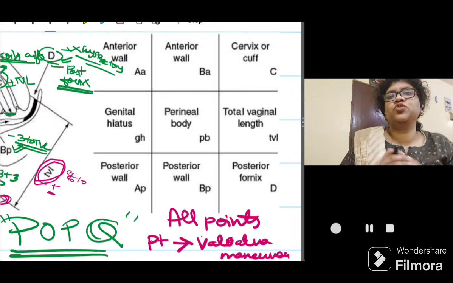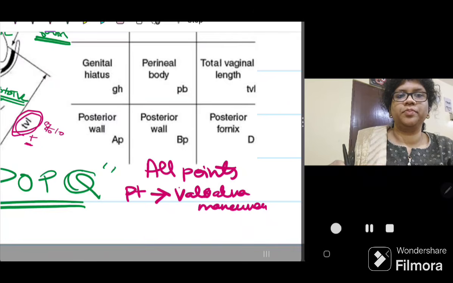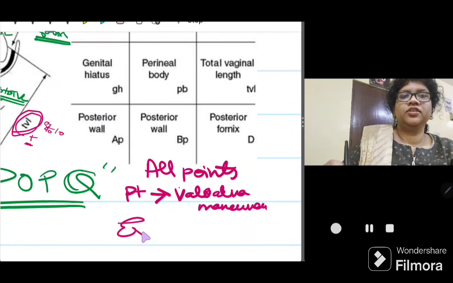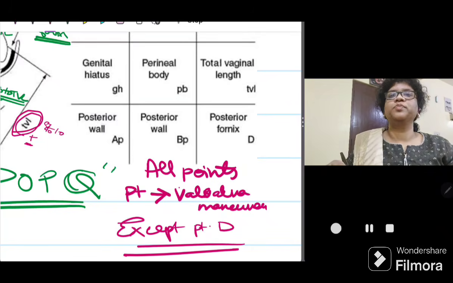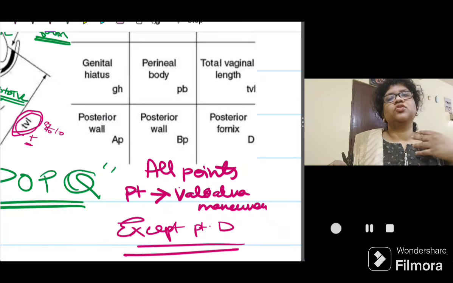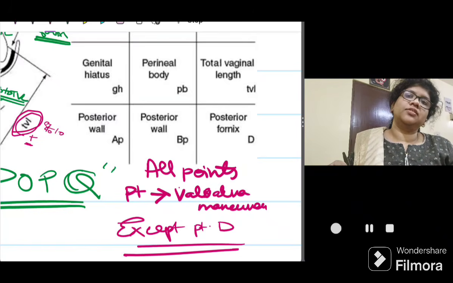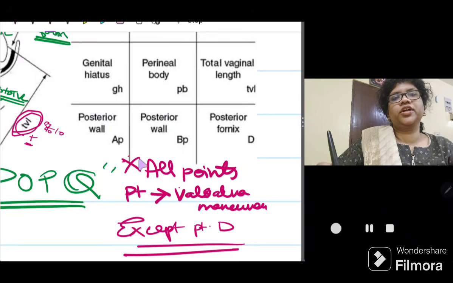So it has to be examined or graded with the patient doing the Valsalva maneuver, except point D. This is very important to remember. Except point D, which is the length of the posterior fornix, this has to be measured by repositioning the uterus completely inside. All the other points are measured by asking the patient to do the Valsalva maneuver. This is a very important point that you have to remember.